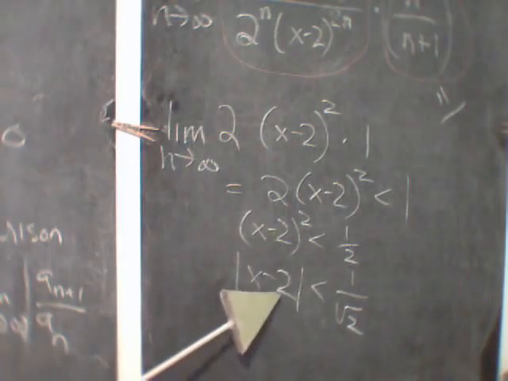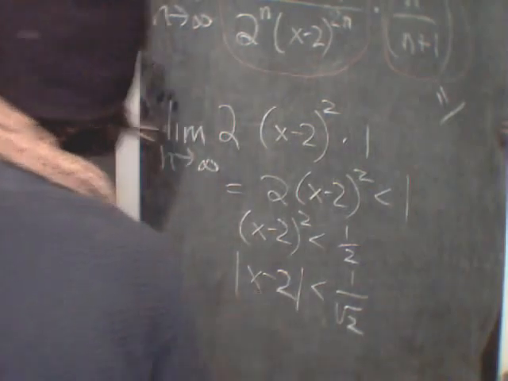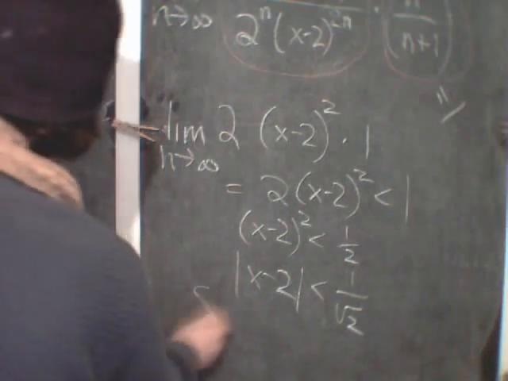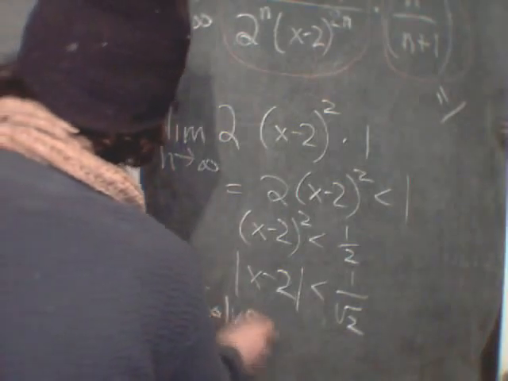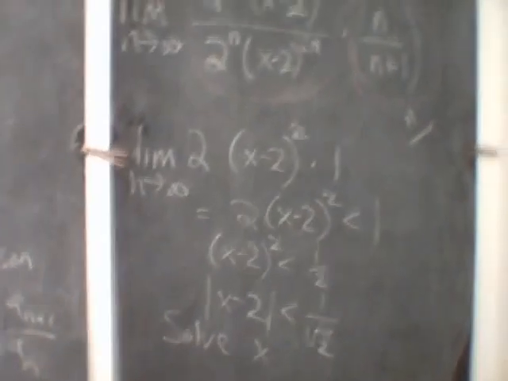And so now we need to write this out. We need to solve for x here. So how do we solve for x? Well, you write out what the absolute value means. So let's do that up here.